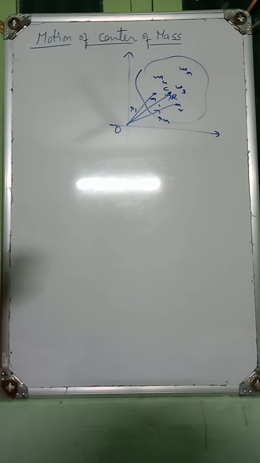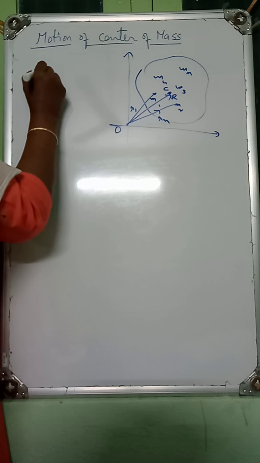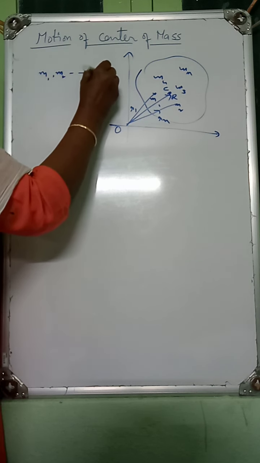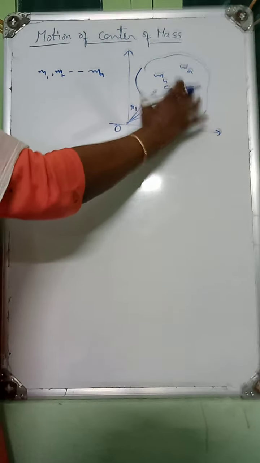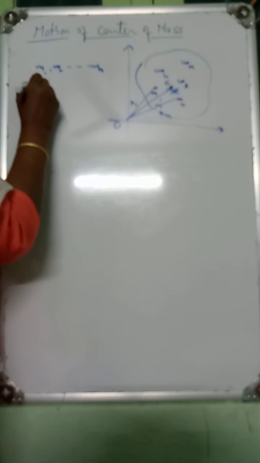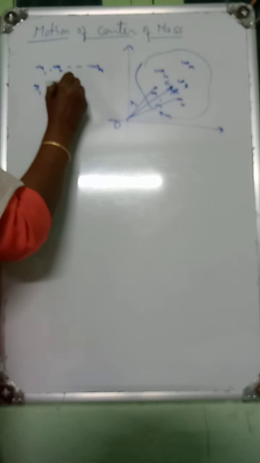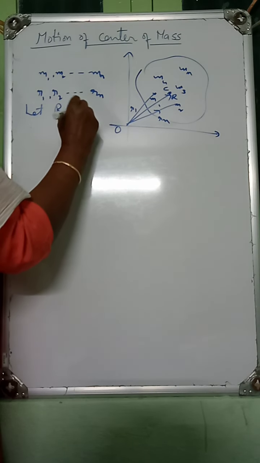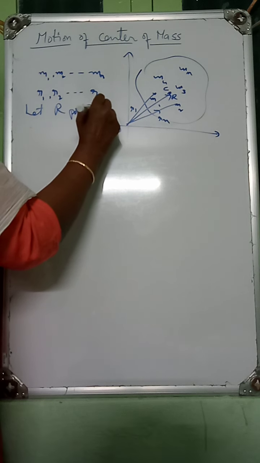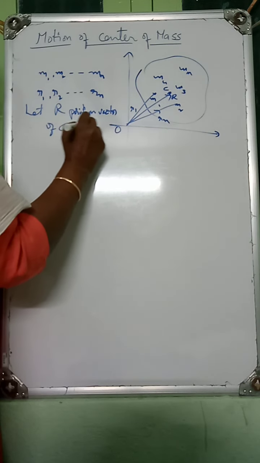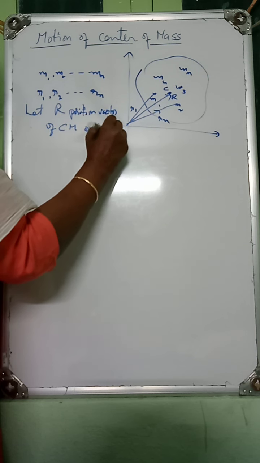Okay. So here, what are the masses? M1, M2, and so on up to Mn are the masses of n number of particles in a given system. Their position vectors from the origin are R1, R2, and so on up to Rn. Let capital R be the position vector of the center of mass of this system.